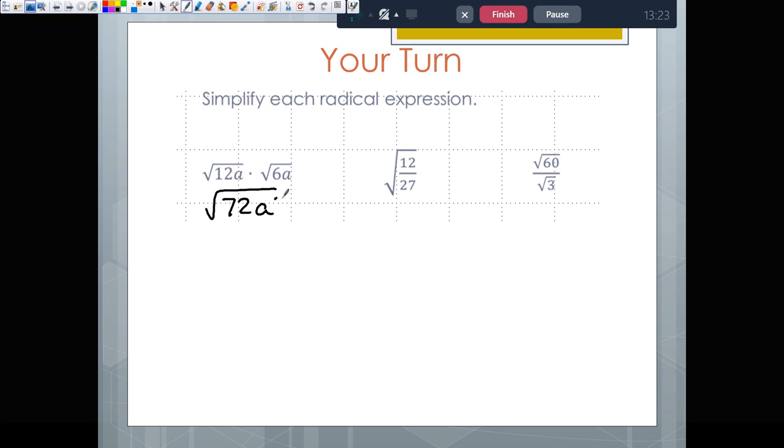72a squared. Now I need to break this apart. So what am I going to break 72 apart into? A good way of doing this is taking 72 and dividing it by like 2, 3, 4, 5, 6, 7, and seeing if the number that you get is a perfect square. 2 and 36, right? 2 times 36, and that means that 36 would have to be my largest one, but 4 is also, 18 can be broken apart.